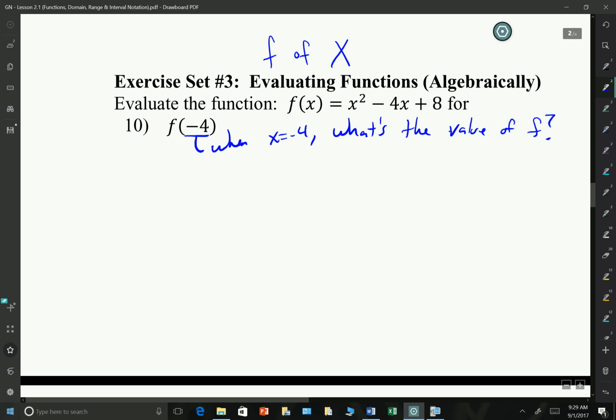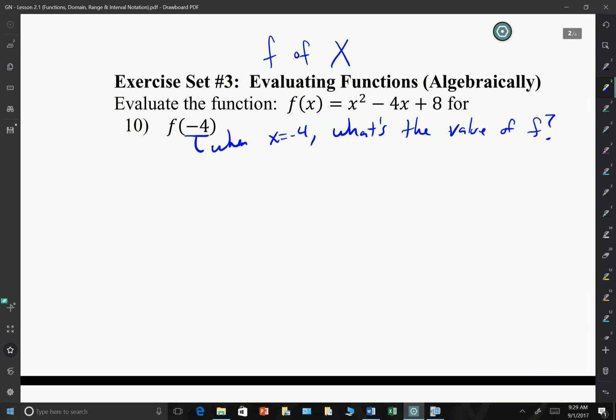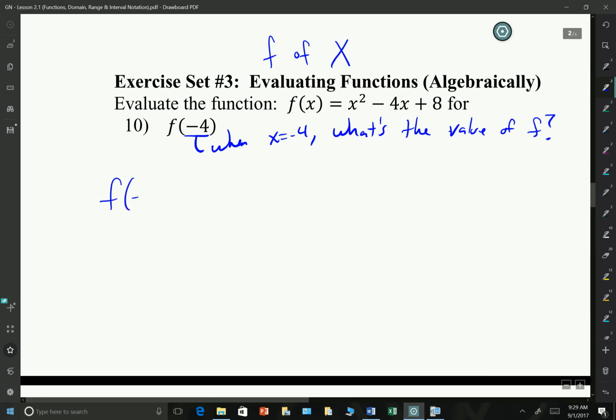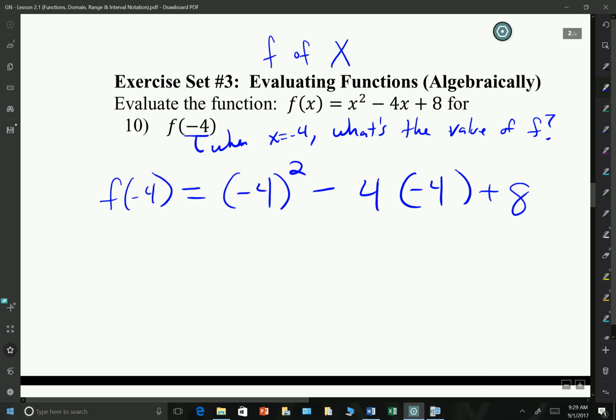So what I do is I plug in negative 4. So f of negative 4 means instead of x squared, guess what number I put in for x? Negative 4. Instead of minus 4x, what number do I put in? Minus 4 times negative 4 plus 8. And I just worry about the right side. What's negative 4 squared? 16.